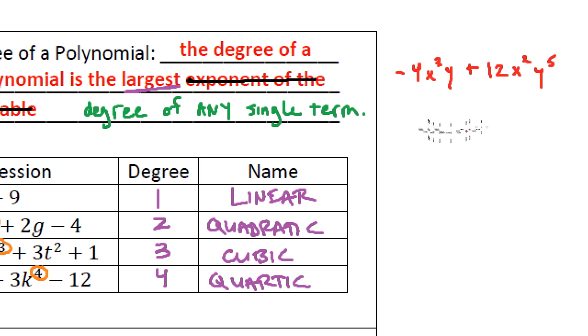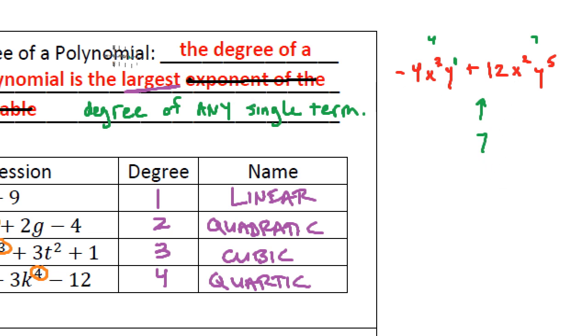So if you had this and you asked the question, what is the degree of this polynomial? The way it would work is you would look at each one of these monomials separately. The degree of this one, since y has an exponent of 1, the degree of this term is 4. The degree of this term is x squared and y to the fifth. That's 2 plus 5 is 7. So the degree of this polynomial is actually 7.